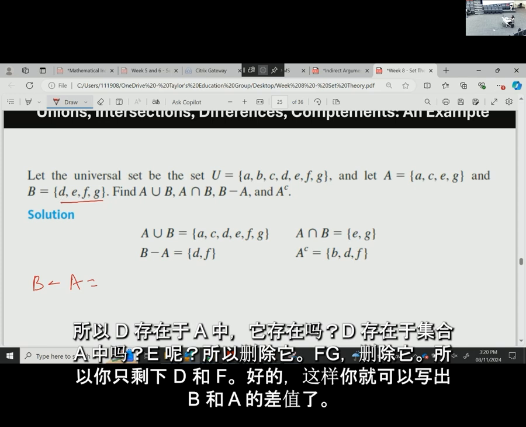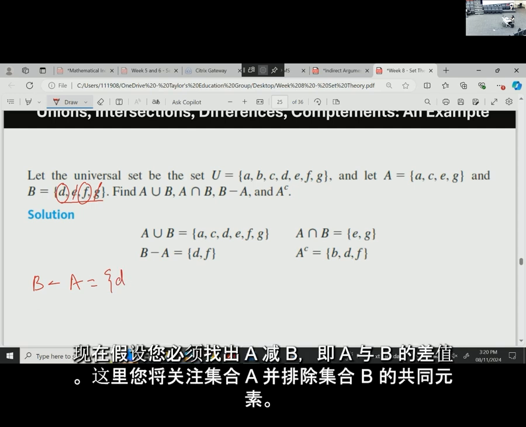No. What about E? Remove it. F, no. G, remove it. So you are left with D and F. That you will write as the difference of B and A.